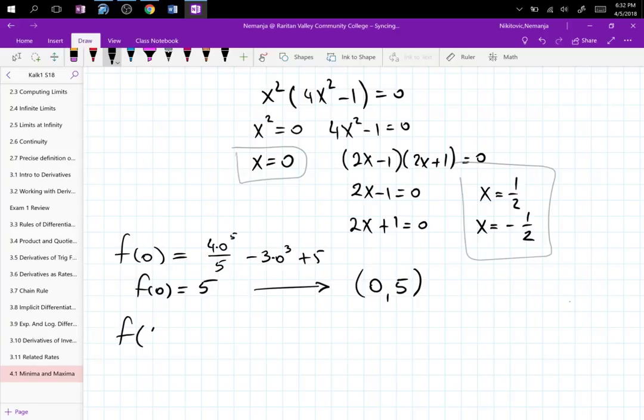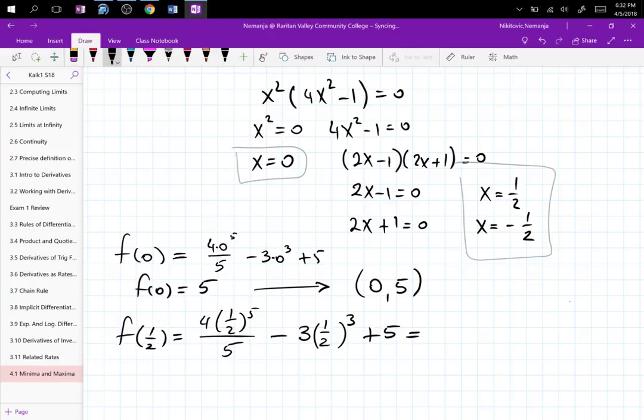Now we're computing f at 1/2. We need to compute the y values. So compute at the half, and what do we get? We get 4 times 1/2 to the 5th divided by 5, minus 3 times 1/2 cubed, plus 5.